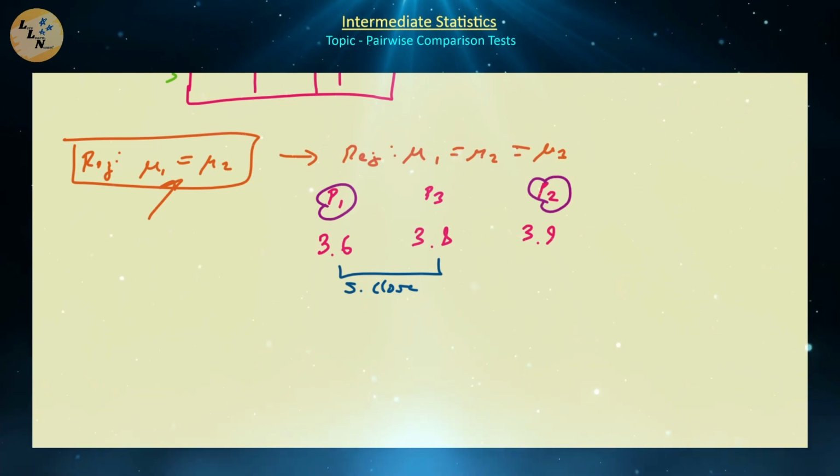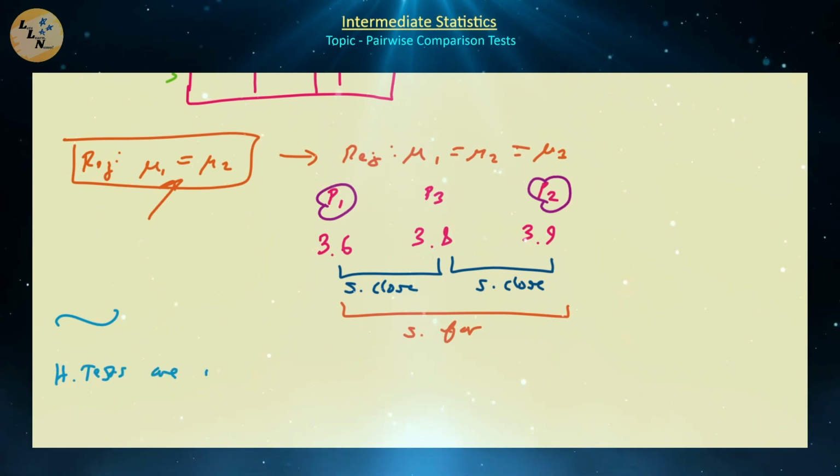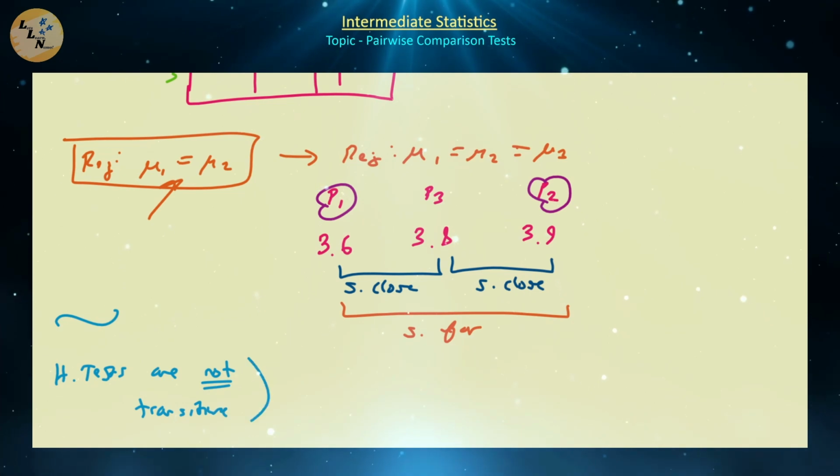From our hypothesis test, we also have that p3 and p2 are also statistically close, but from our hypothesis test, we have that 1 and 2 are statistically far from each other, right? So you should see that hypothesis tests are not transitive.